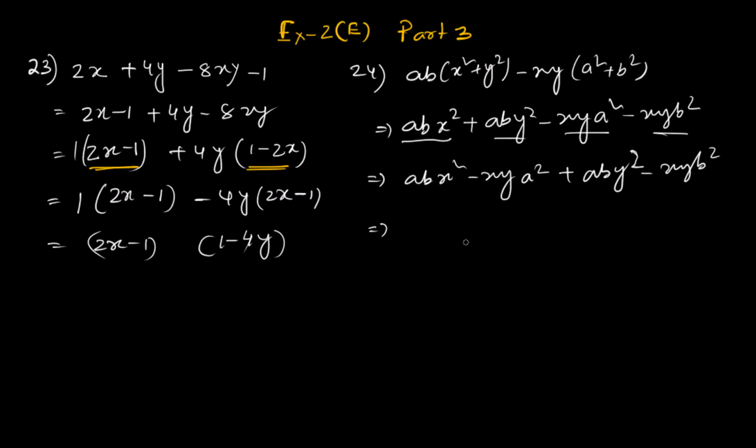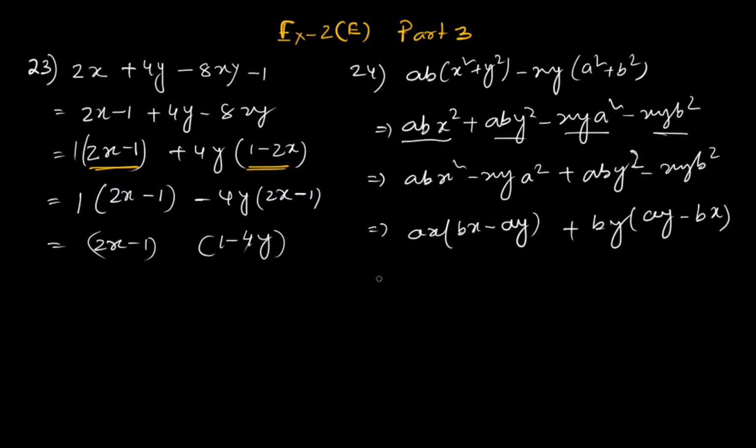So I can take ax common, and I will be left with bx minus ay. And from the other I can take by common, and I will be left with ay minus bx.